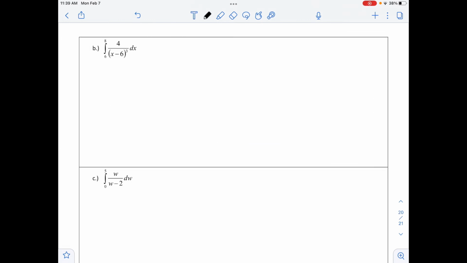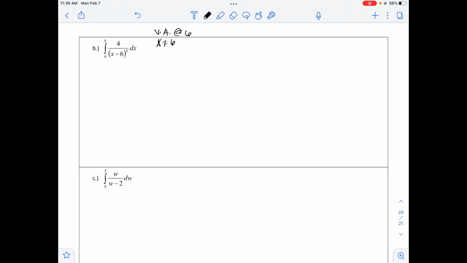Part B says find the integral from 6 to 8 of 4 over (x minus 6) cubed dx. Again, notice that x cannot equal 6, because it makes the denominator 0. So that means we're going to have a vertical asymptote at 6, and that is an issue here.